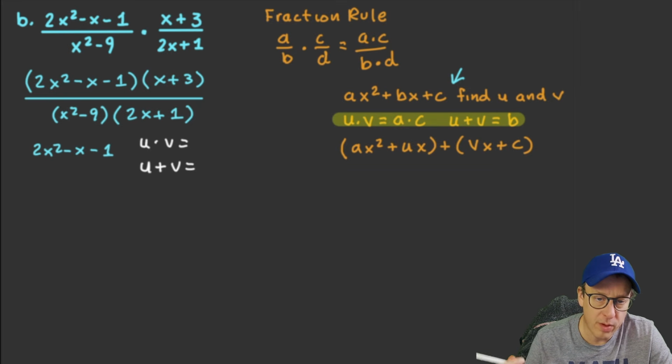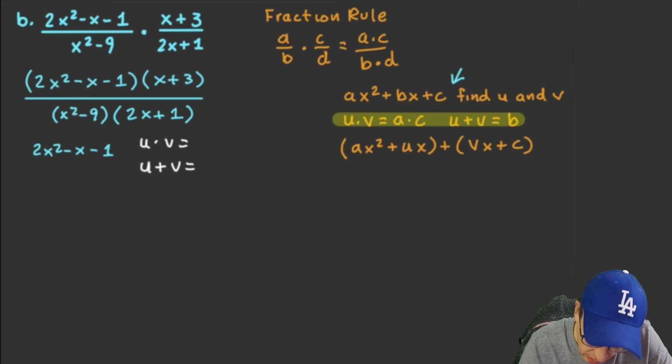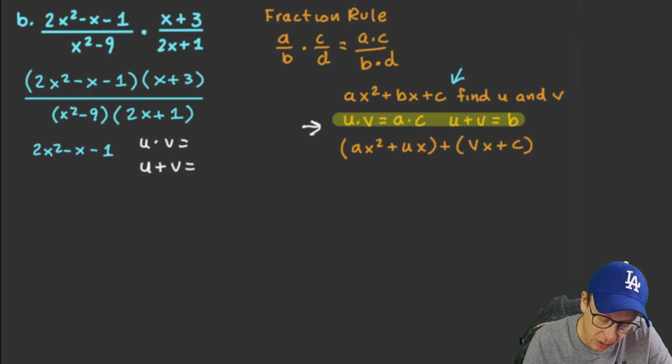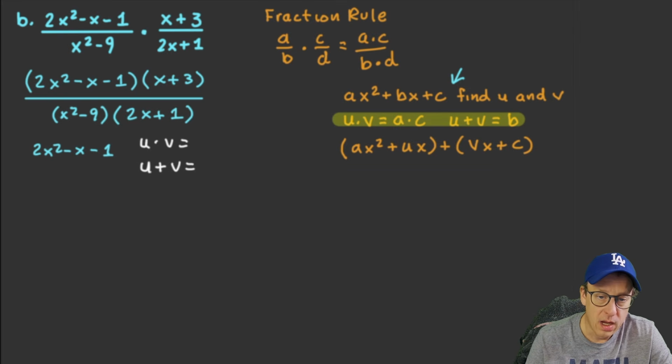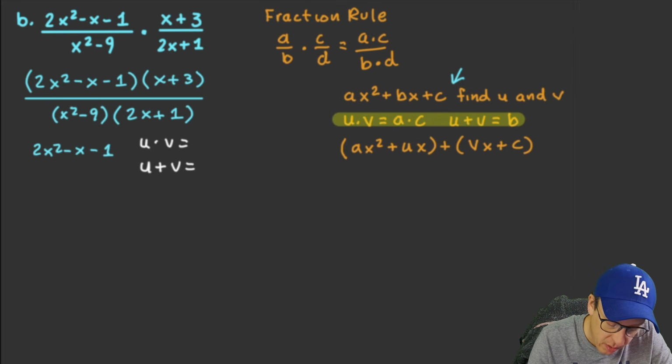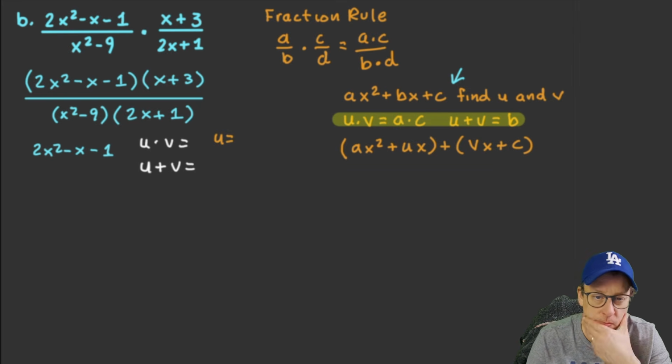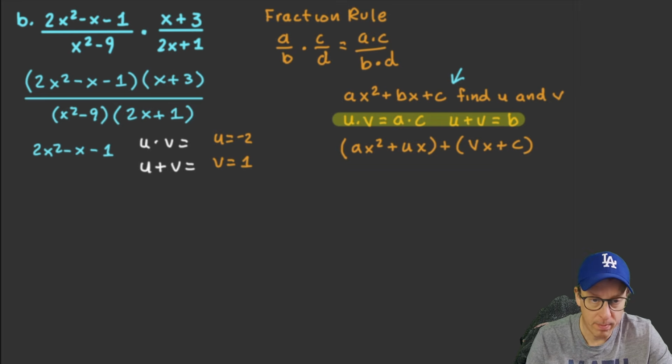Okay, so if we have u, and what I'm utilizing here is this rule right here. So u times v is equal to a times c, and u plus v is equal to b. Now, if I do that, I'm going to find that the values that I'm looking for: u is going to be equal to -2, and the value for v is going to be equal to 1.